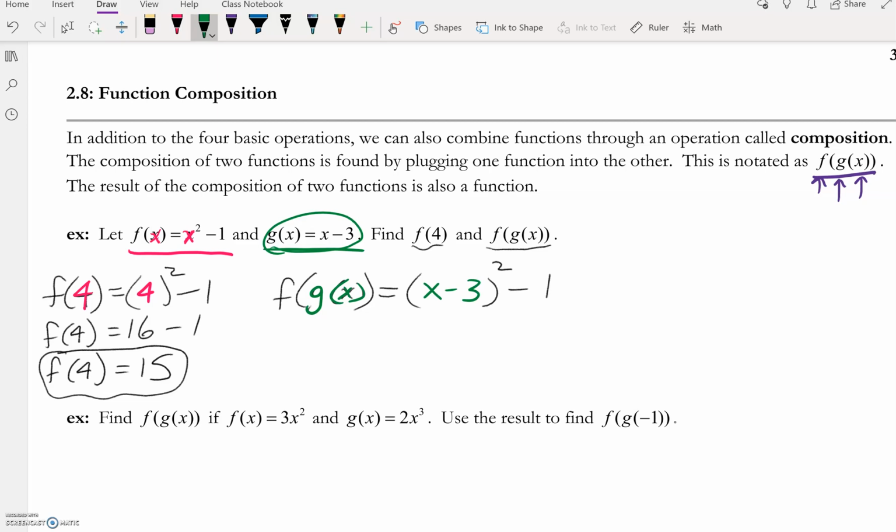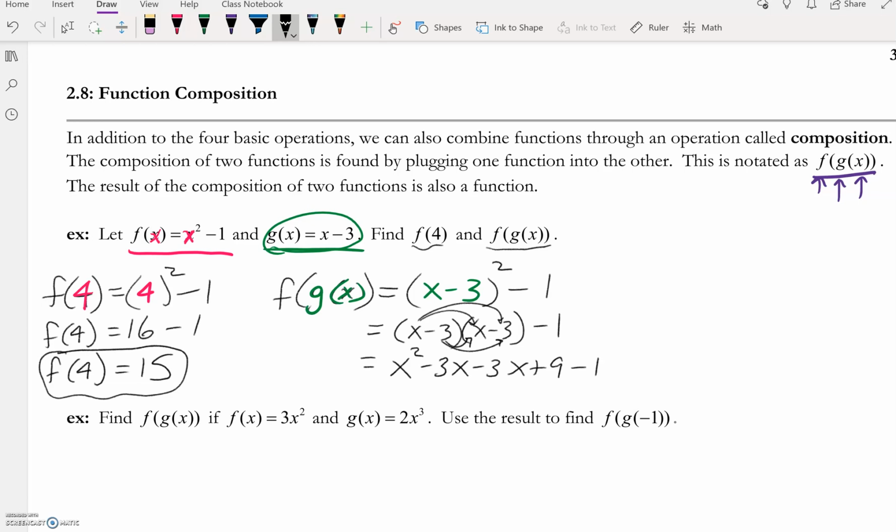Hopefully you're noticing it's the same process as plugging in just one number. It's just that you replace with the whole function. Now we can simplify this as far as we need to. x minus 3 squared is x minus 3 times x minus 3, and we keep the minus 1 on the outside. If we distribute this through, we end up with x squared minus 3x minus 3x plus 9, and then our minus 1.